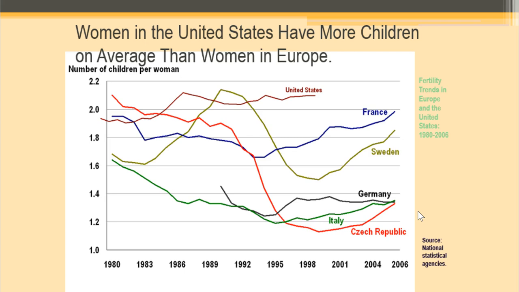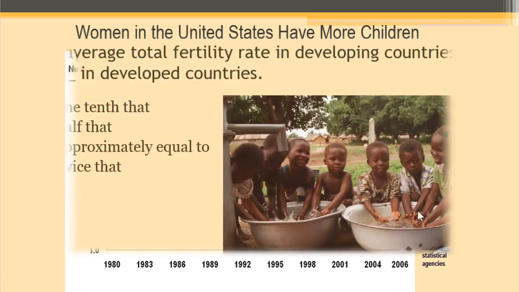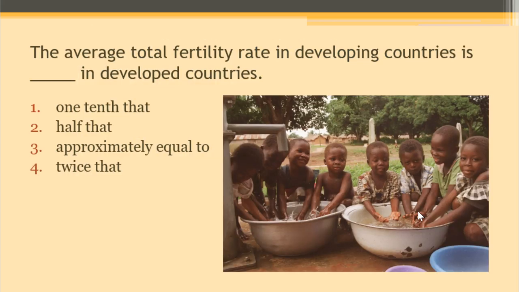So the difference between phase 3 and phase 4, which we're about to talk about, is really interesting. And so what we're really saying is, the average total fertility rate in developing countries is what number there in developed countries? Is it a tenth of developed countries, half, equal to, or twice that in developed countries?